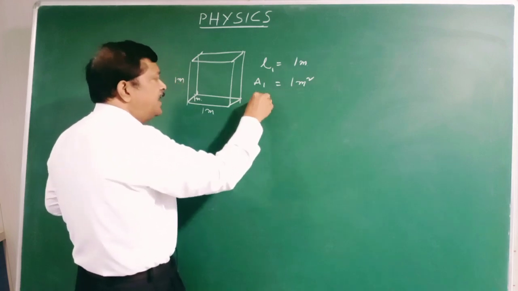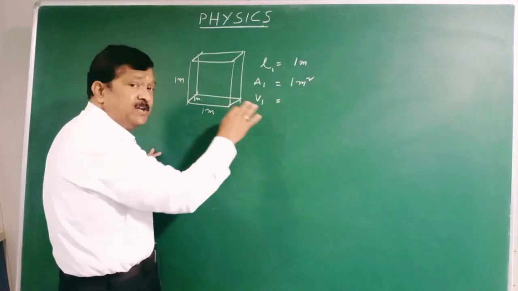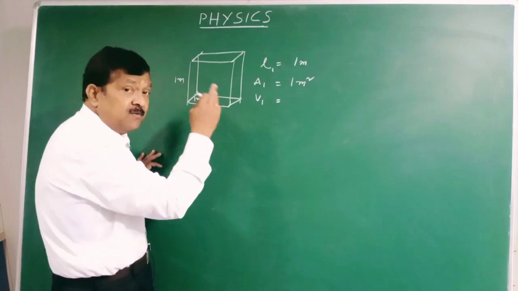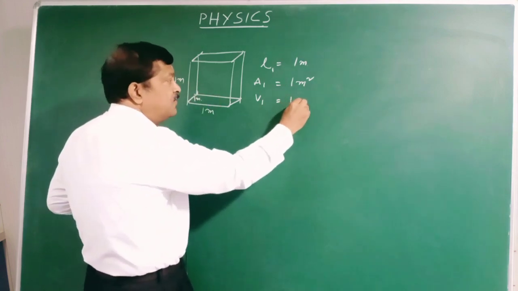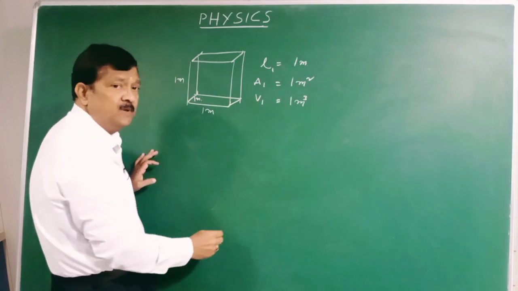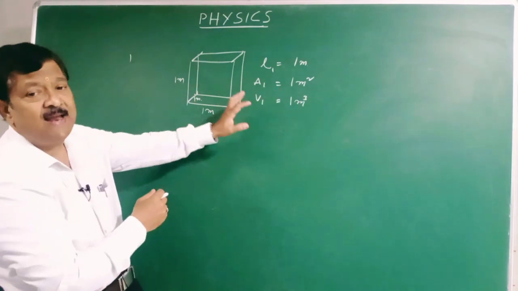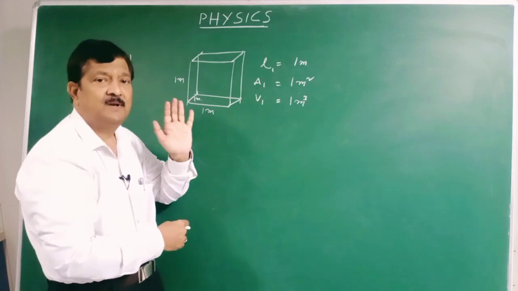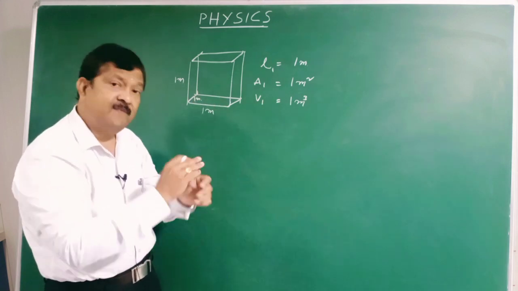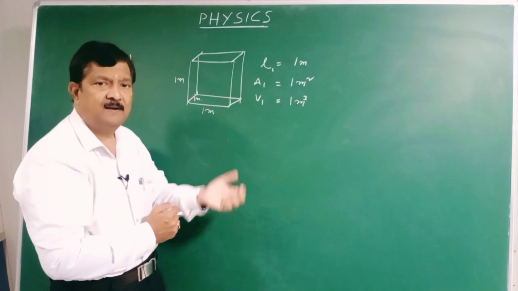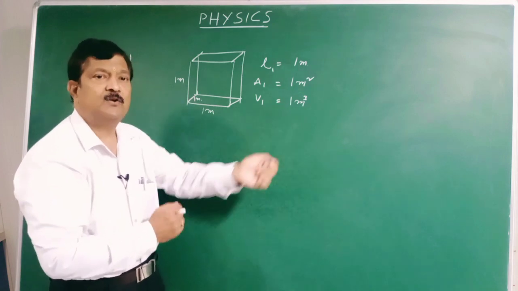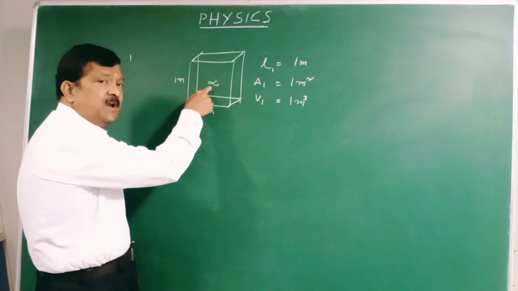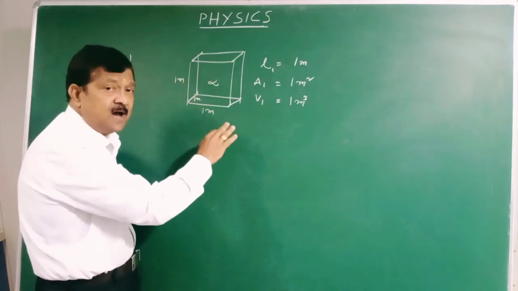Similarly, the initial volume, because length, breadth, height are each equal to 1 meter, is 1 into 1 into 1, or 1 meter cube. So these are the initial values of length, area and volume. Suppose it is made up of a material whose coefficient of linear expansion is alpha.